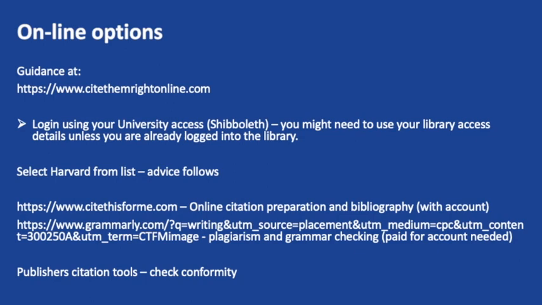And of course, as I said previously, a lot of publishers now do include citation tools against journal articles, against books and so on. Just do check that they conform to your university's guidance.